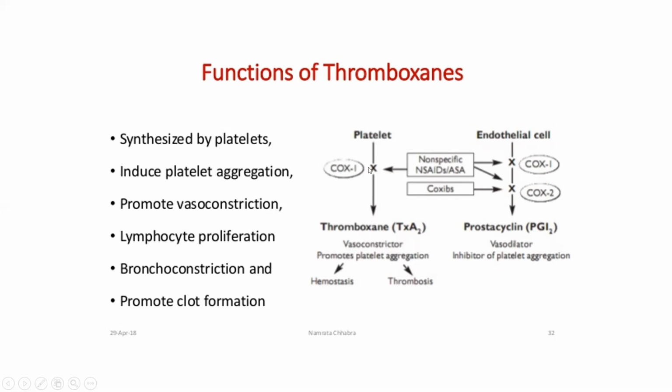COX1 blocked by aspirin then does not form thromboxane, which promotes vasoconstriction and platelet aggregation and causes hemostasis and thrombosis. Then in the endothelial cell, blocking COX1 and COX2 affects prostacyclin PGI2, a vasodilator and inhibitor of platelet aggregation.